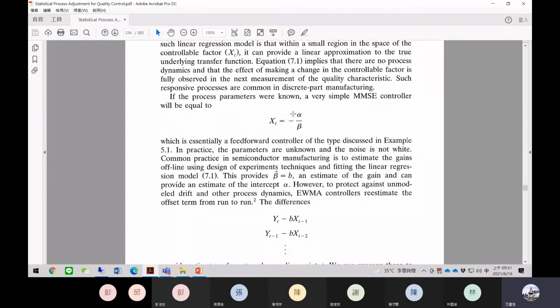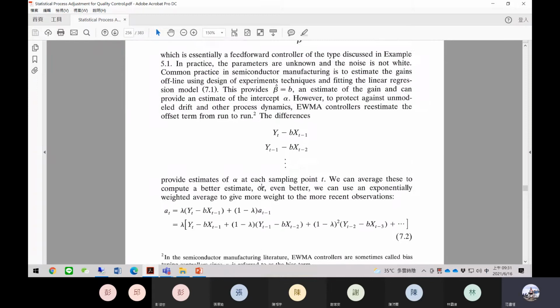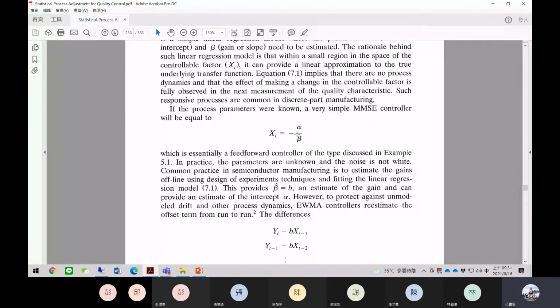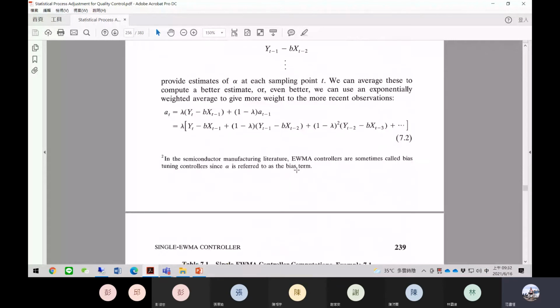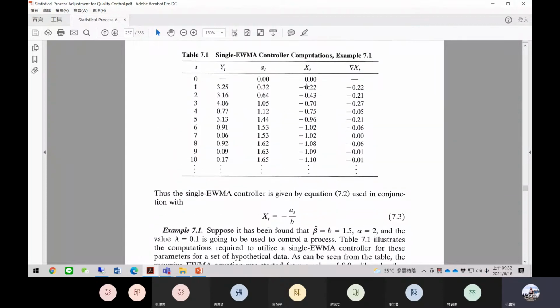X1 is minus alpha A1 divided by B. A1 is 0.32, divided by B, and B is 1.5. Minus 0.213.